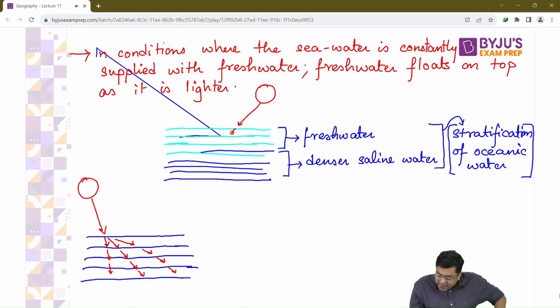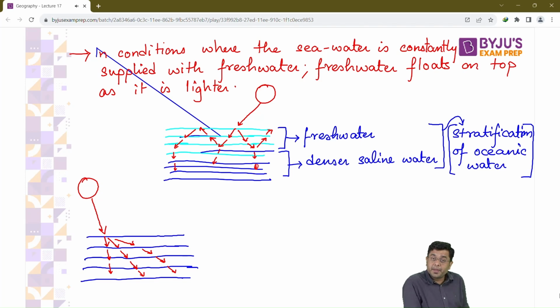Whereas in this case, heat will significantly be concentrated in the top portion because there is a kind of layering which has been done. So heat will be concentrated in the top portion. Some amount of that heat might percolate into the lower portions, but majorly heat will be concentrated in that area. So just apply the same logic that we applied in the case of land and water.